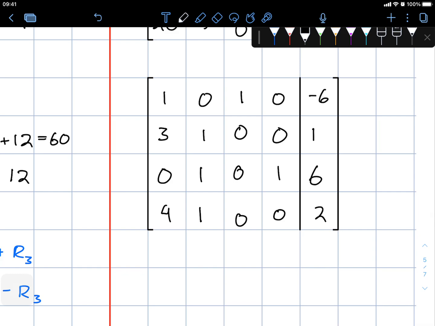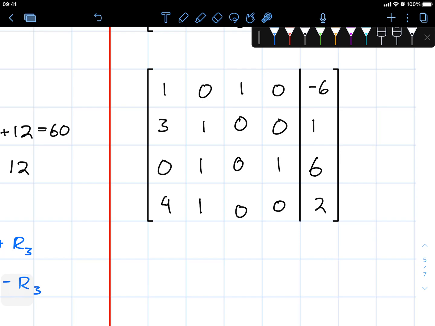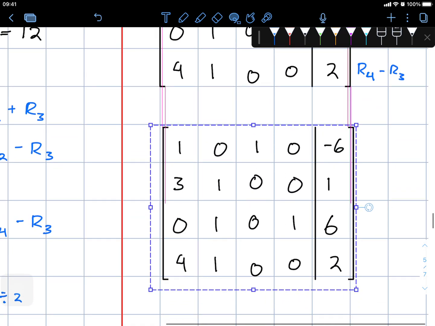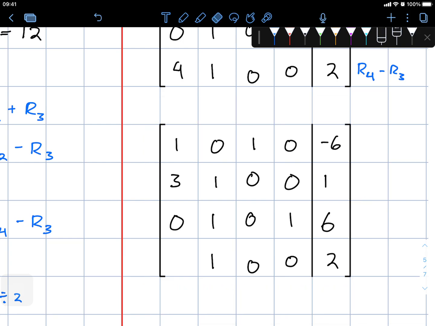From here, I can see that we should need a 1 here. Or no, we can make a 1 here, sorry. It's going to be row 4, take away 3, which will give me a 1. So that will give me a 1 here.